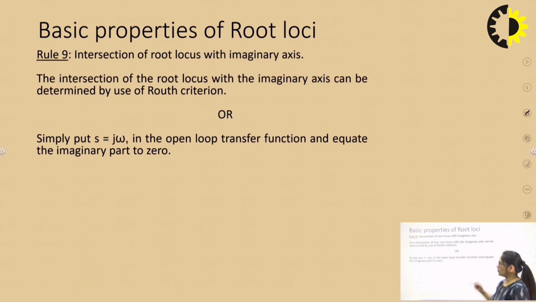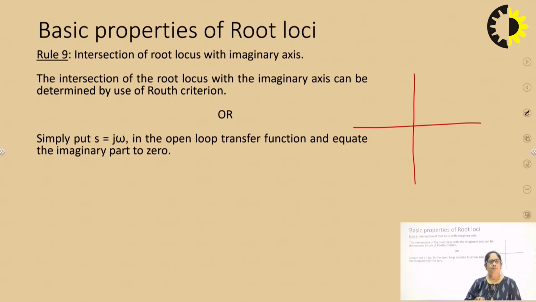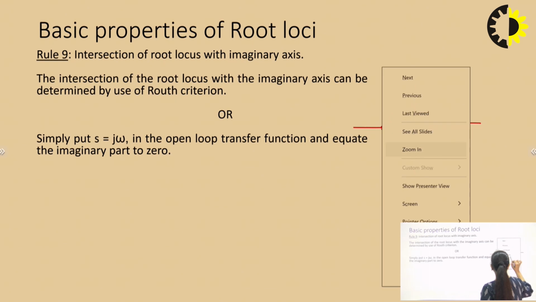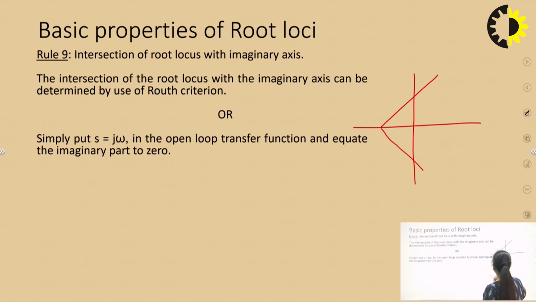Now, if the root locus is tending towards infinity at a particular angle, and since root locus is symmetrical about the x-axis, there is a possibility that it will cross the imaginary axis.